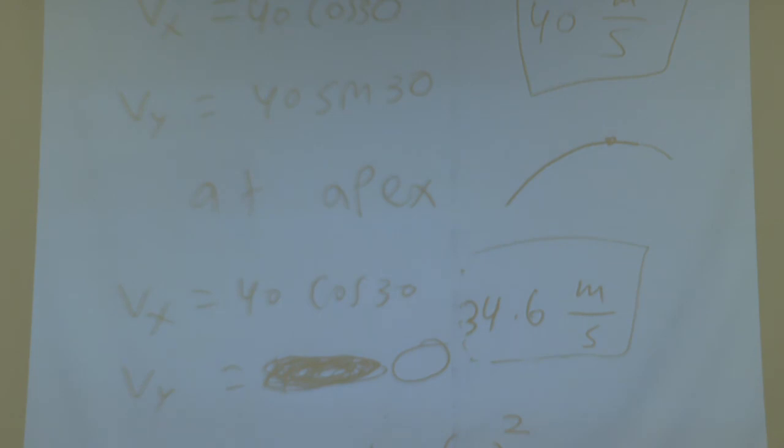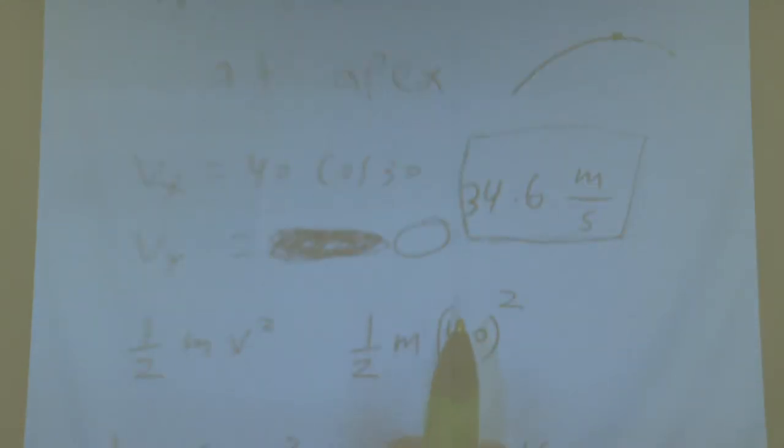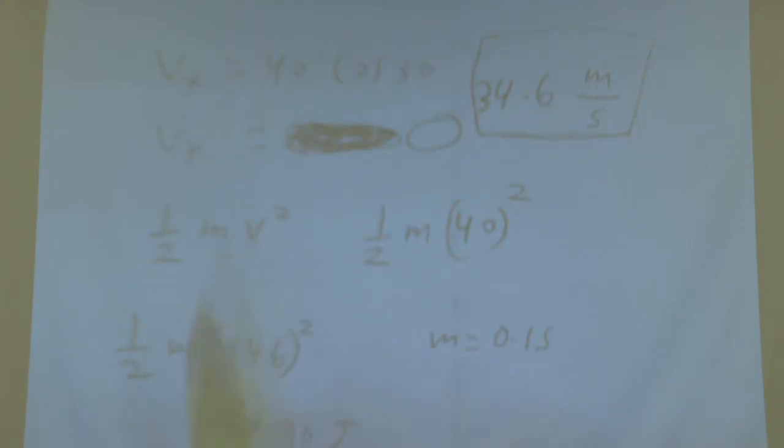So now we can use the x component of the velocity by itself to find the total magnitude of the velocity at the apex, which is given right here by the equation 1/2 mv squared. Now, the mass was given as 0.15, and we're going to plug the velocity into that equation to get our answer.